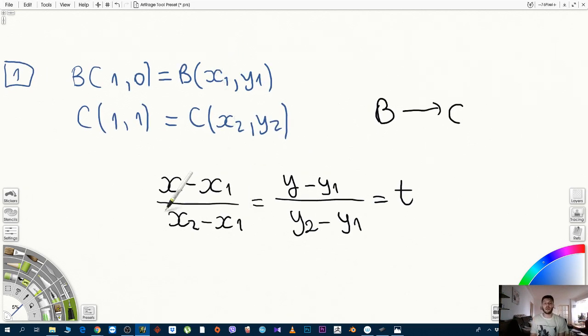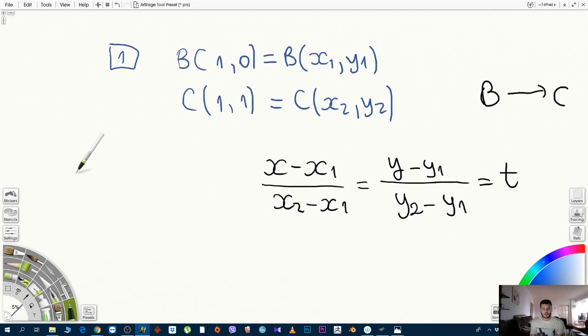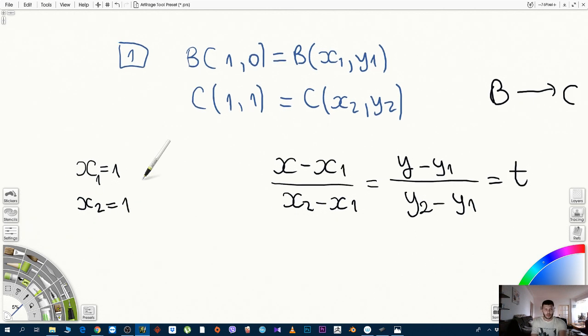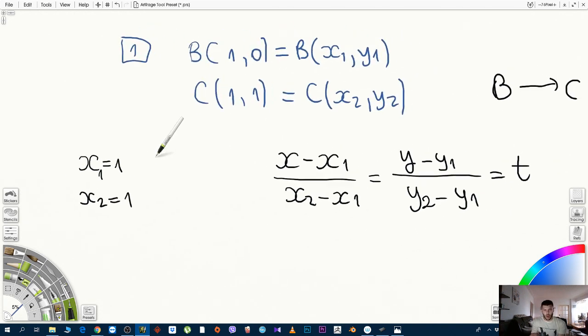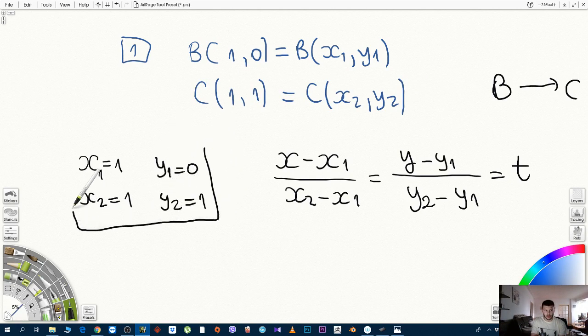So let's plug in these values. Actually, I will write here that x1 is equal to 1, x2 is equal to 1 also, y1 is equal to 0, and y2 is equal to 1.